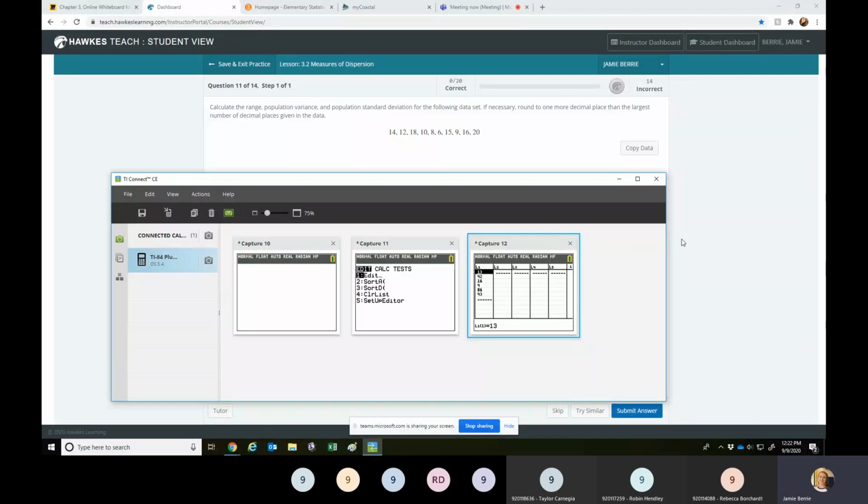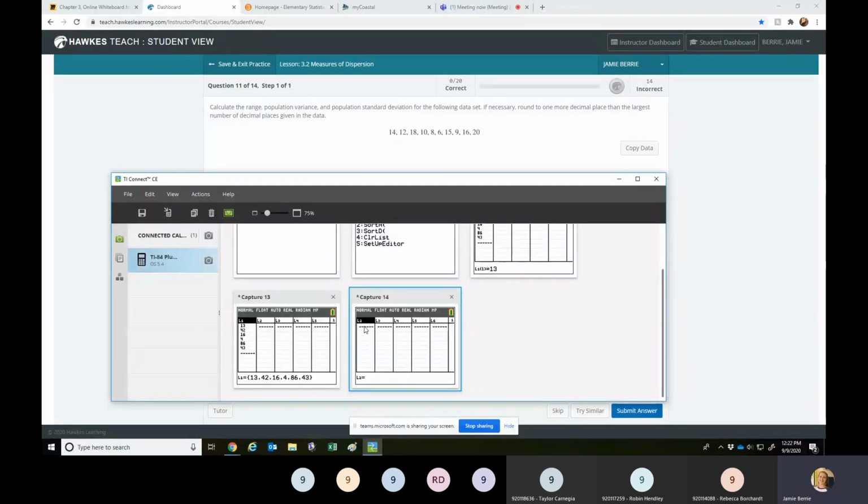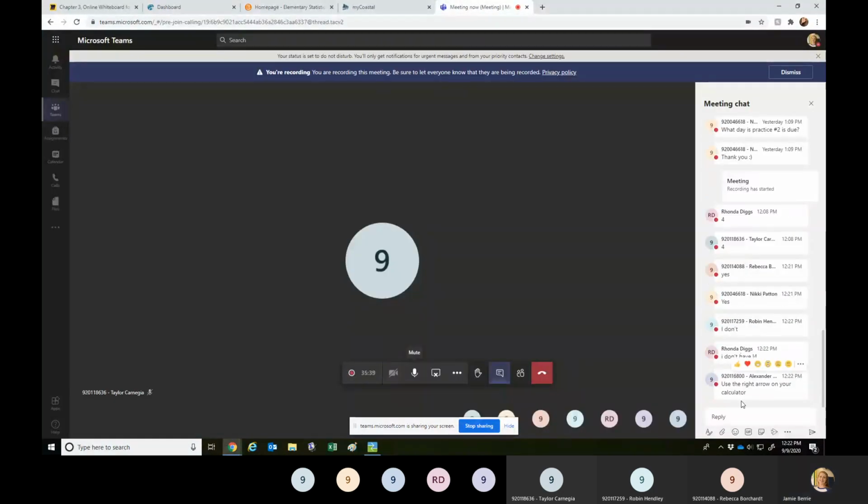Let me show you what will happen. If you go up here with L1 highlighted and press the delete button, look what happens. It deleted my whole column. You do not want to do that because that's going to mess up your calculations whenever we go to calculate the mean, the median, standard deviation, stuff like that.